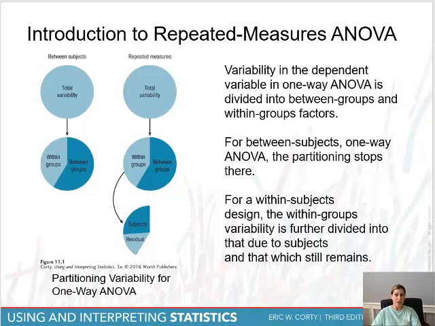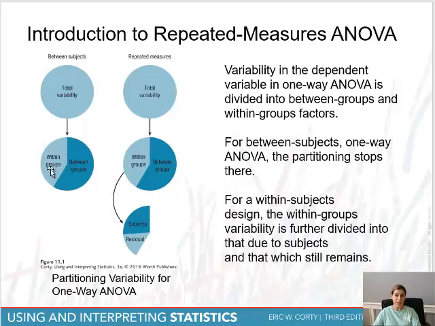So if we're doing a one-way ANOVA where your cases are independent of one another, we would have 3 treatment conditions, participants in one treatment condition and not any of the other. And what we would see is that ANOVA is going to parse out that variability into 2 sources, into our between groups variability, and again that's the variability due to the treatment that you're in, whether you get the placebo, the low dose or the high dose.